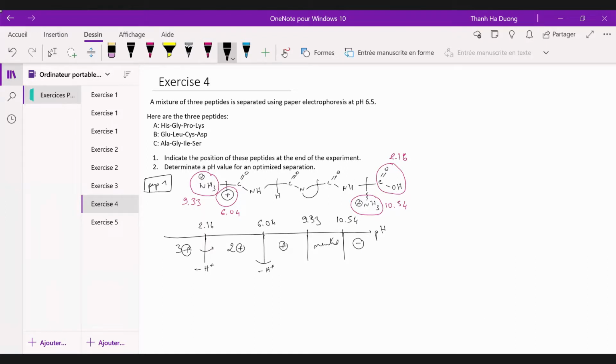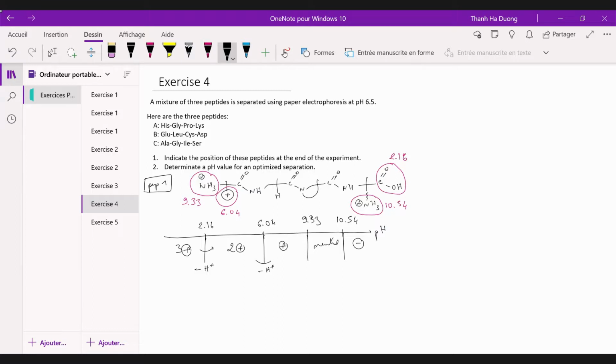We need to remember the structure of amino acid, right? You have to know that the first amino acid has the N, the amino group, and after that I will give you in my table the structure of the side chain. So you don't have to know it.